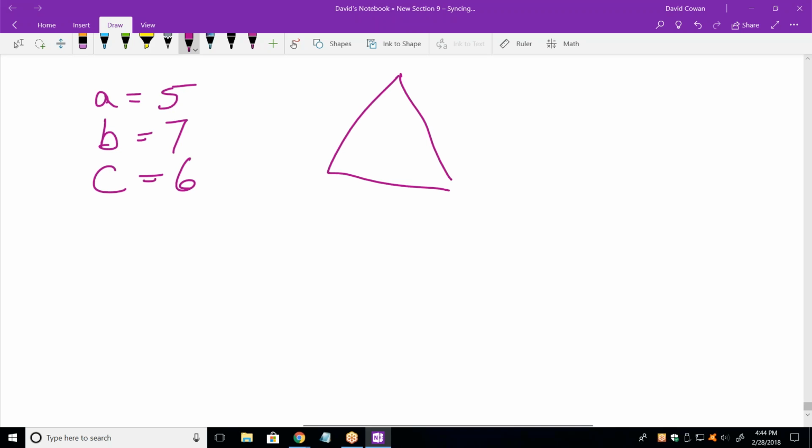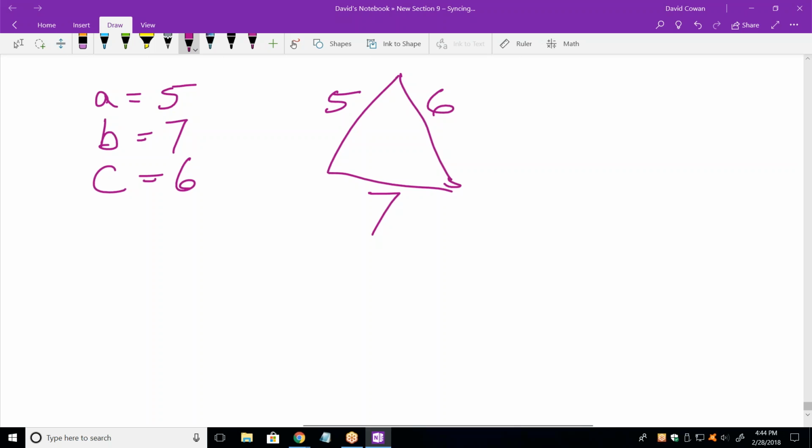Now, when they give you a triangle that only has 3 sides and no angle measurement, there's only one law you can start that out with. What is it? You have 2 laws: the law of sines and the law of cosines. The law of cosines is only used in 2 situations.